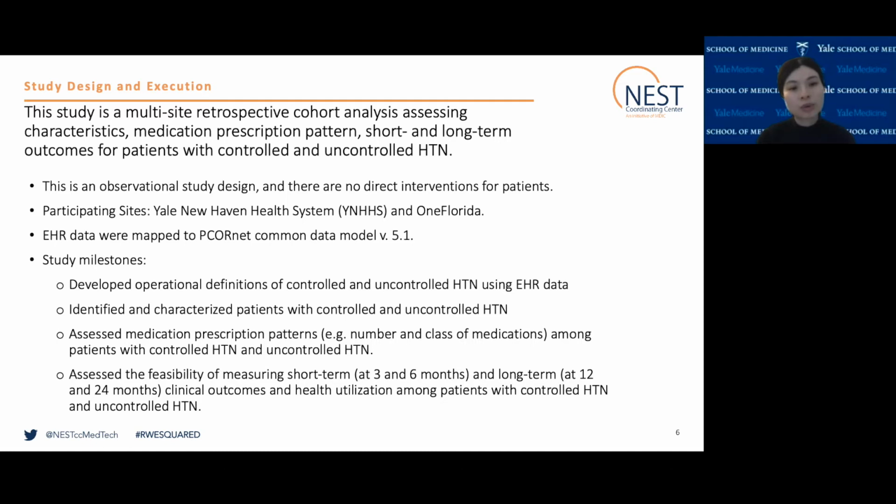Lastly, we explore the feasibility of using EHR data to look at short-term outcomes at 3 and 6 months and long-term outcomes at 12 and 24 months, to look at the clinical outcome and hospital care utilization among these patients with uncontrolled and controlled hypertension. Next slide.